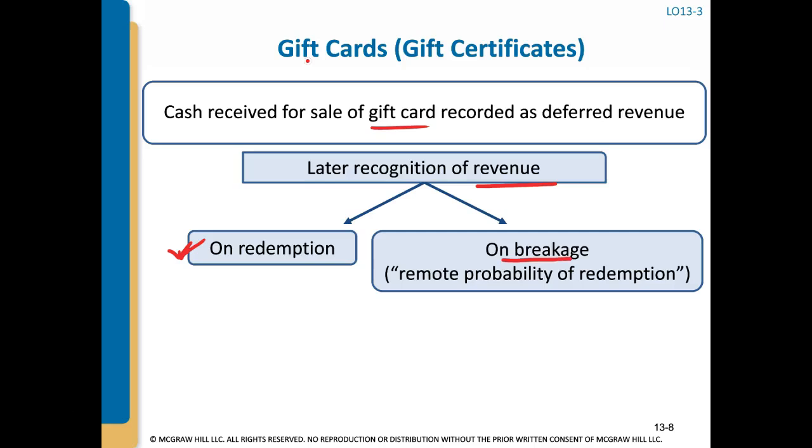And so over the history of the company, they will know that typically, I'm making this up, 10% of all gift cards will not be redeemed. And so once they've reached this breakage point marker, then they can also record the revenue for those gift cards, even though they haven't been redeemed.